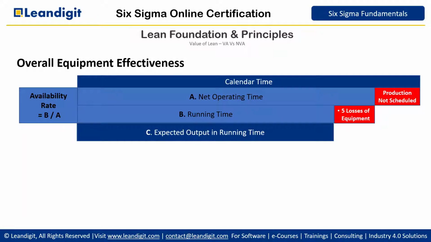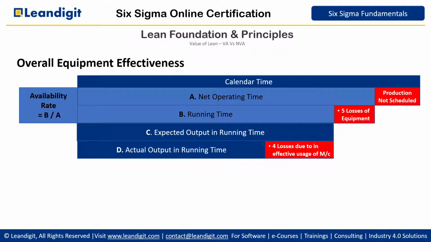Now, during this running time, we have a rated speed and we are expecting some output from it, but because of certain losses which we call performance losses, we are not able to utilize the machine and therefore we are producing less. So the ratio of D, which is actual production, divided by expected production, is called the performance rate.